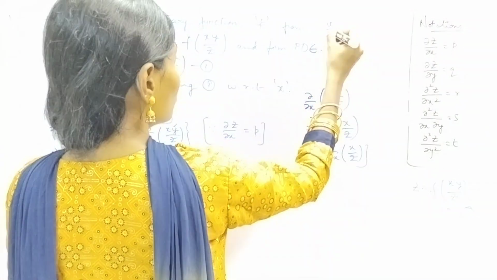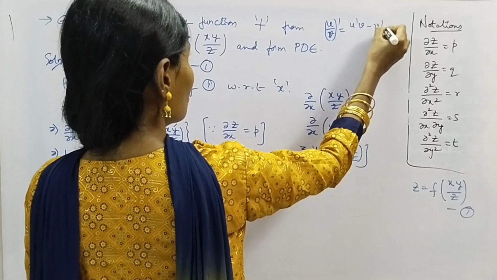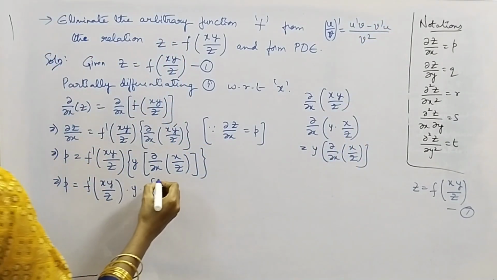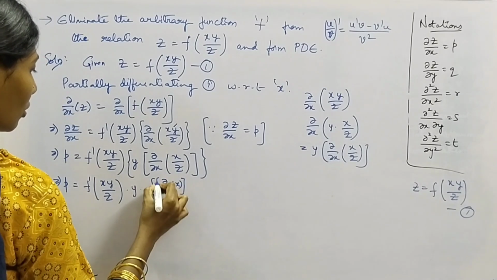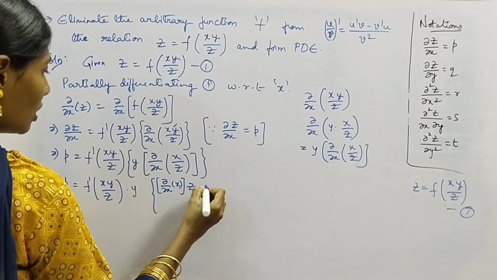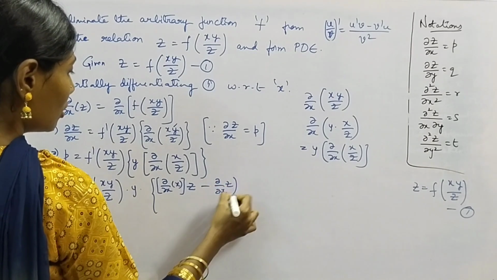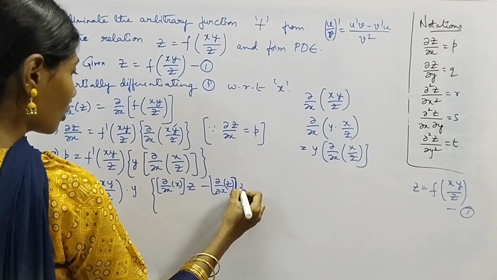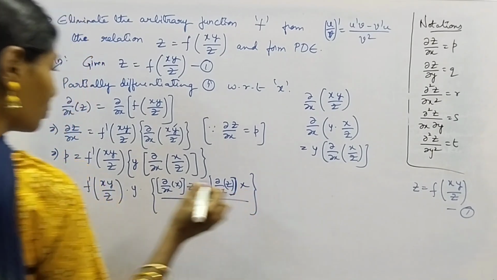We are going to use the u by v whole dash formula, which is u dash v minus v dash u by v square, which gives us dou by dou x of x, derivative u dash v minus v dash into u by v square, z square.